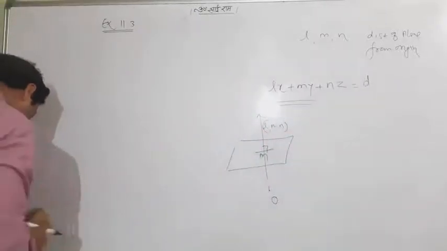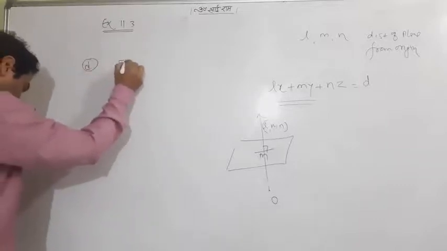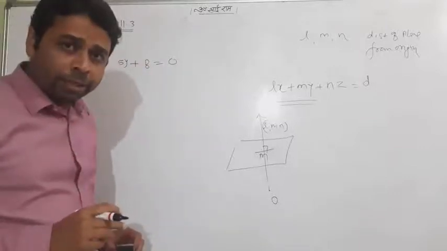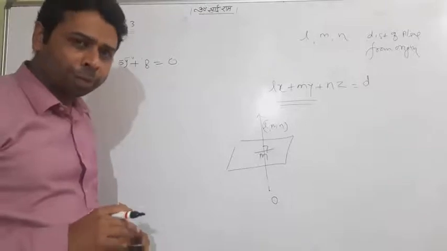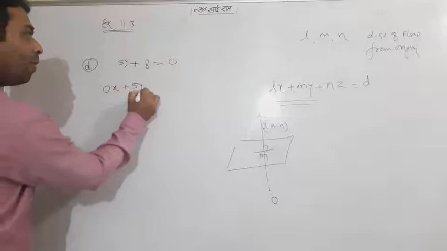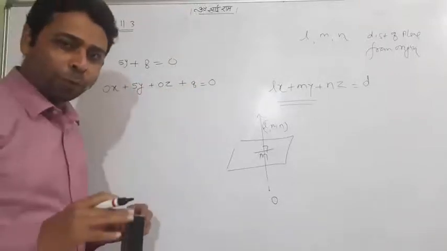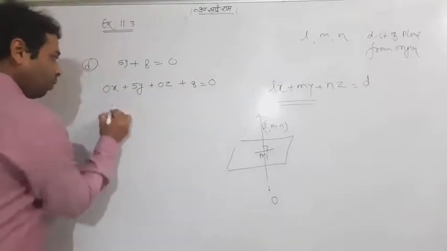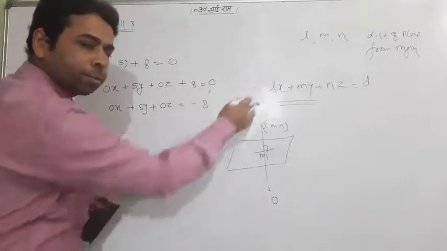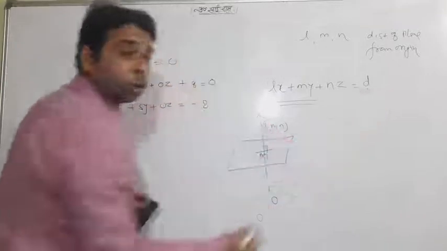Suppose you are doing question number D, which is 5y plus 8. The terms of x and z are absent, but you try to create them. This can be written as 0x plus 5y plus 0z plus 8. What will you do now? First, transfer the 8: this is going to be your d, which should be positive.